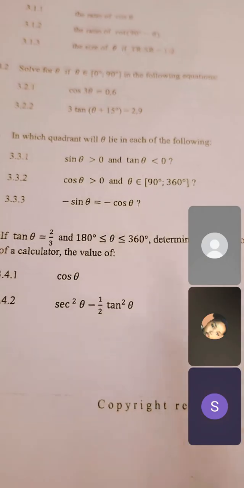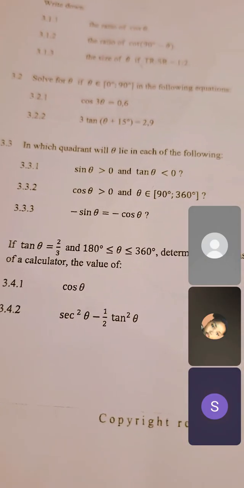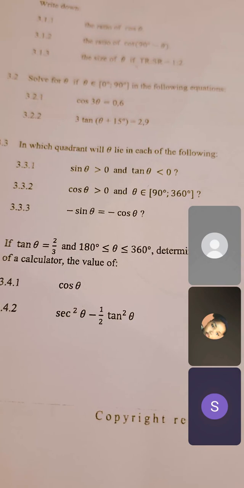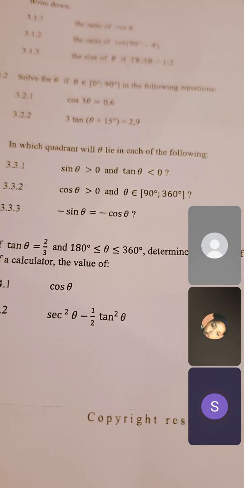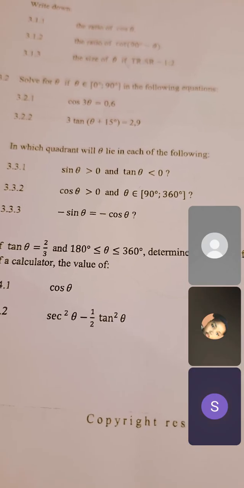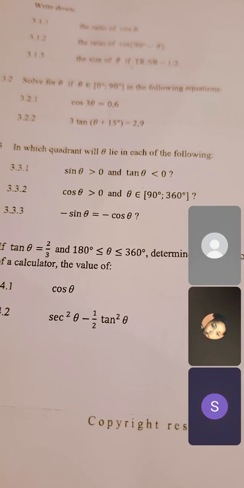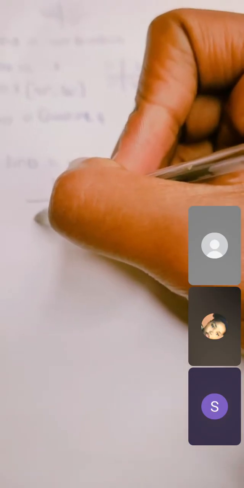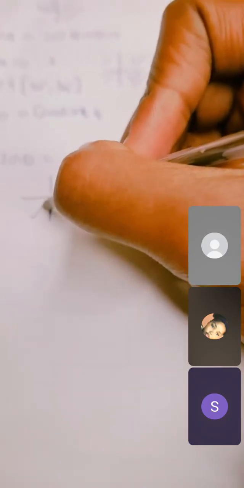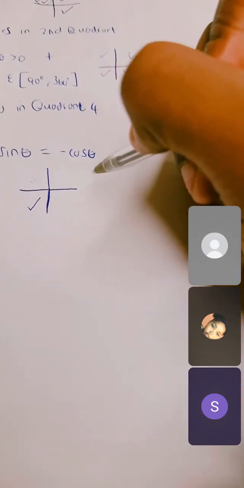And what does negative cos theta mean? It's also less than 0. So which quadrants are those? In quadrant 2 sine is positive and in quadrant 4 cos is positive. So quadrant 3, because they're both negative there. Yes, sir. Okay, quadrant 3.